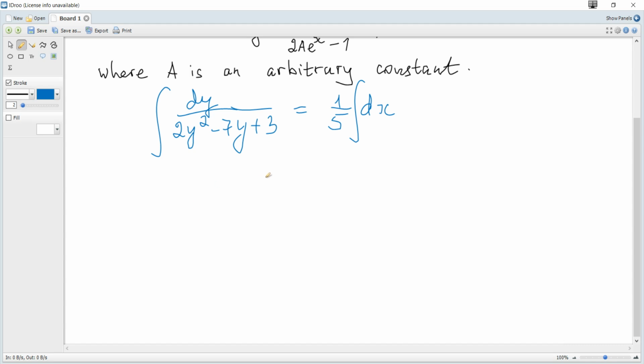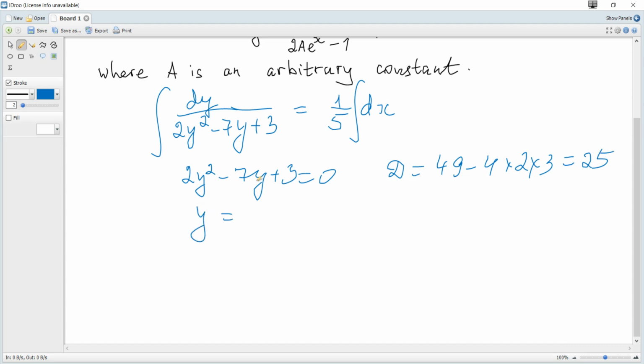So let's try to factorize, and you may try directly to consider 2y plus minus something, but I want to find roots and then just apply a formula. Roots: 2y squared minus 7y plus 3 is 0, the discriminant is 49 minus 4 times 2 times 3, which is 25, so roots are minus b plus minus root d over 2a, so over 4, and for plus it's 3, for minus it's a half.